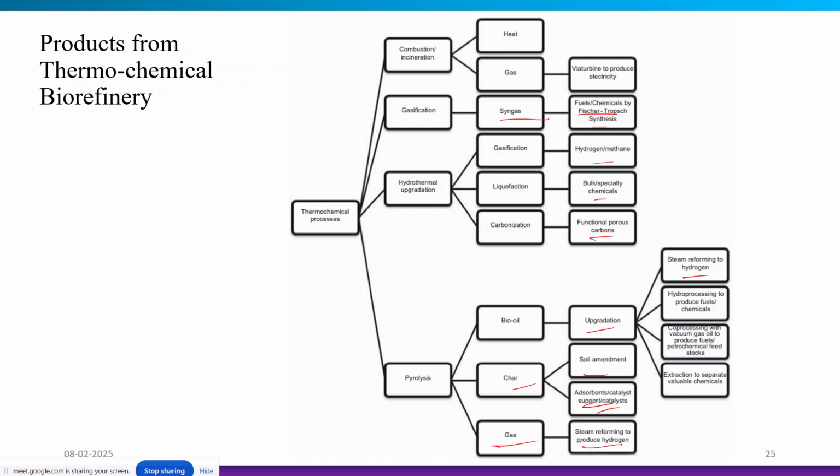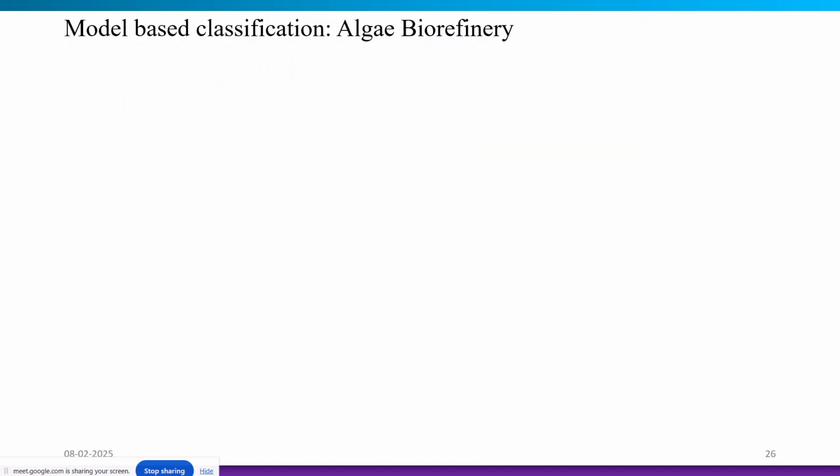And gaseous, those are used for steam reforming to produce hydrogen, because hydrogen is a highly energy efficient fuel. So a lot of hydrogen can be produced by this thermochemical process, but it takes lot of conversion steps. The next model based classification, that is algae biorefinery or microalgae biorefinery.